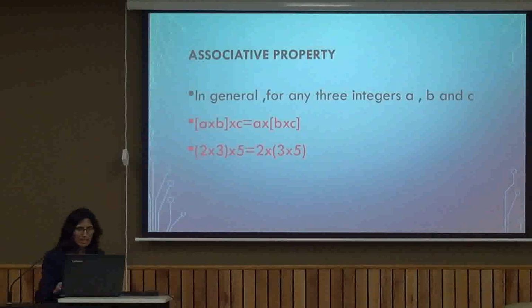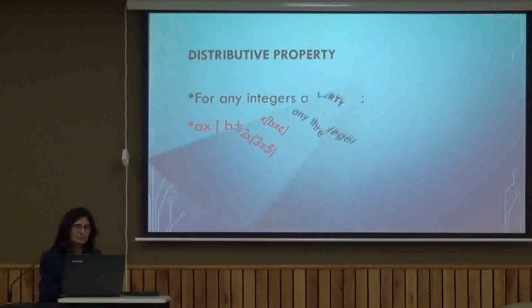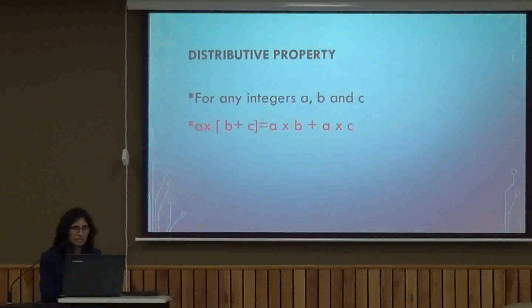So we can take an example also. 2 into 3, if we multiply, it is 6, and then 6 into 5 is 30. And if we multiply 3 and 5 first, 3 into 5 is 15, and 15 into 2 is 30. So both sides we get the same result. That means multiplication is associative.